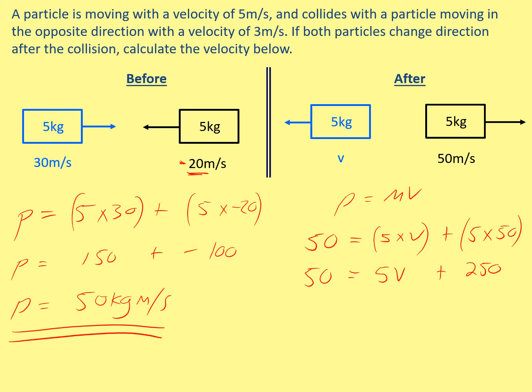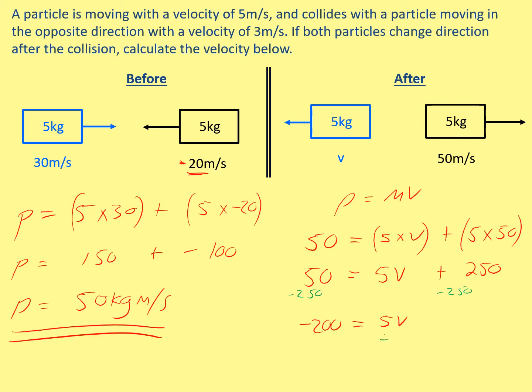Now to solve that, you can just solve this equation now. I'm going to minus 250 from this side and minus 250 from this side. So the left hand side becomes minus 200, because 50 minus 250 is minus 200, is equal to 5v. And that is plus 250 minus 250, so that side goes.